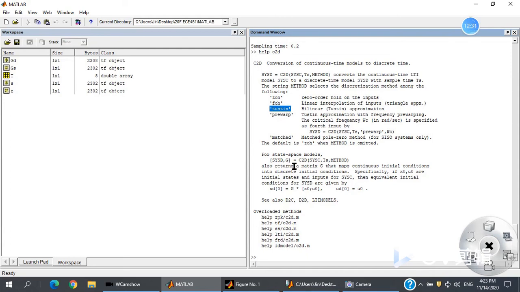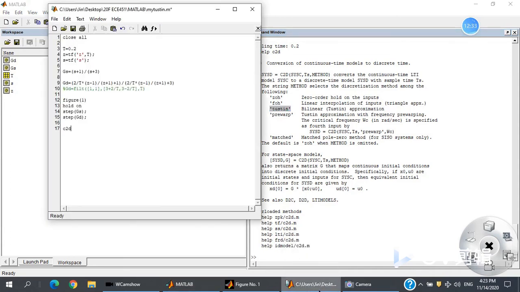You can get the result by MATLAB. So this is GD. I give a GD2, which is c2d from GS by step T, and use the method Tustin, right? Tustin.